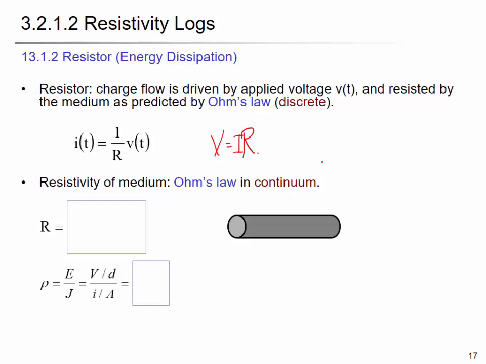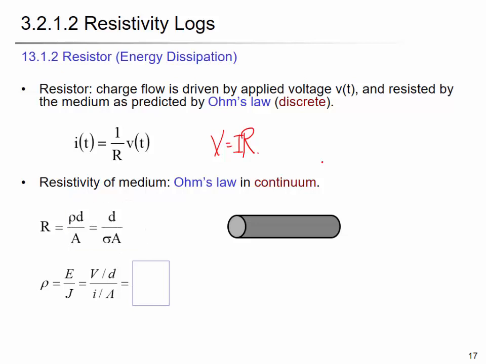So if the length is large, the resistance is larger. So R is kind of like a mass, and the resistivity is the density. So you have to normalize it to the size of the material.